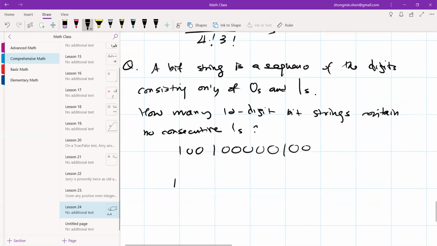So it's going to be 1 0 1 0 1 0 1 0 1, right? Okay, so the maximum number of ones will be 6. If it's 7, then two ones must be next to each other.